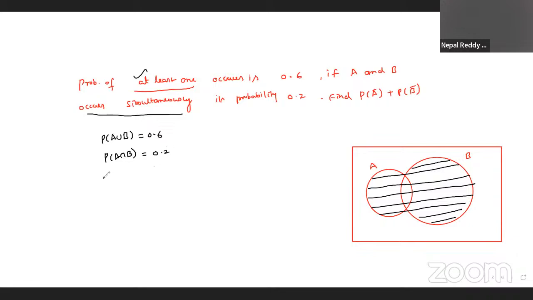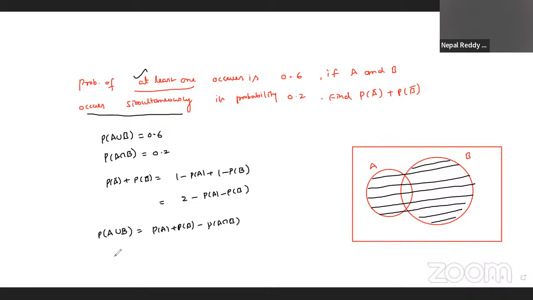Now the question is probability of A complement plus probability of B complement. That is written as 1 minus probability of A plus 1 minus probability of B. Therefore, it becomes 2 minus P of A minus P of B. By addition theorem, probability of A union B equals probability of A plus probability of B minus probability of A intersection B. Therefore, 0.6 equals P of A plus P of B minus 0.2, and hence P of A plus P of B is 0.8.